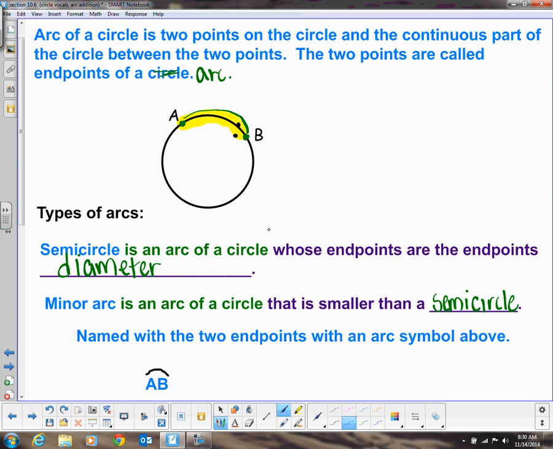All right, we all know that the measure of a semicircle is what? 180 degrees. So everything's going to be compared to your semicircle. You can either equal 180, or be less than 180, or be bigger than 180. So a minor arc, if it's smaller than a semicircle, means that its measure is less than 180.